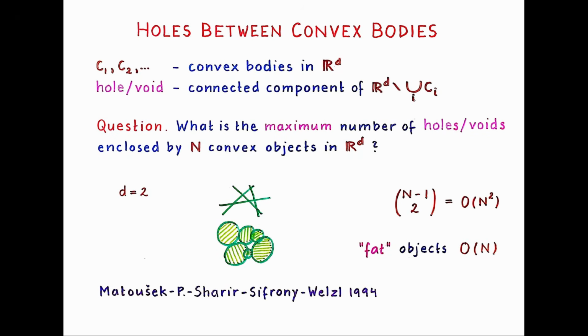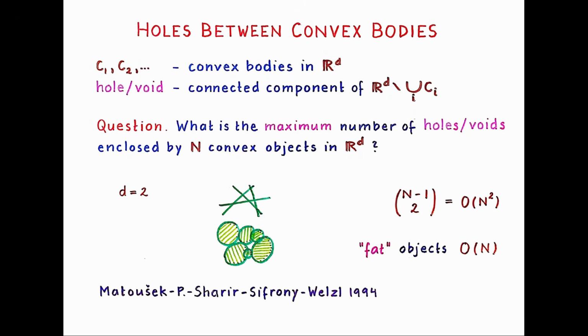Okay. There is a problem which is closely related to that, which I'd like to mention to you. And this is the following. Imagine again that you have convex bodies in the d-dimensional space. 3 dimensions is enough, but there is no big difference between 3 and higher dimensions.